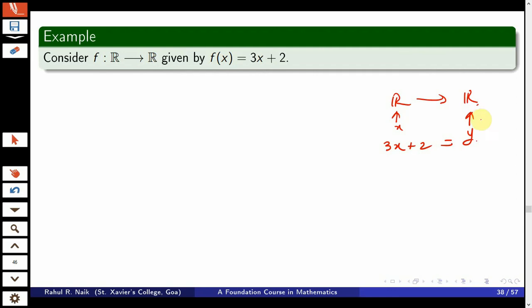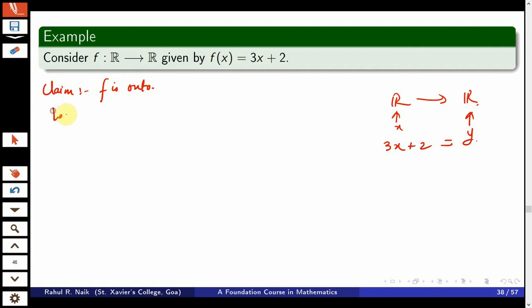So, that means for every real number, this equation should be solvable. That is very trivial because this is a linear equation and we can find the value of x for such y explicitly. So, the claim here is that f is onto.